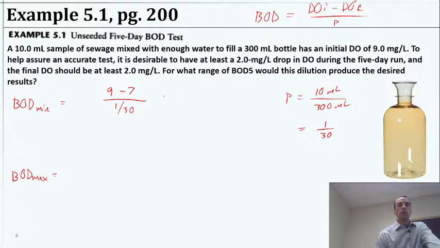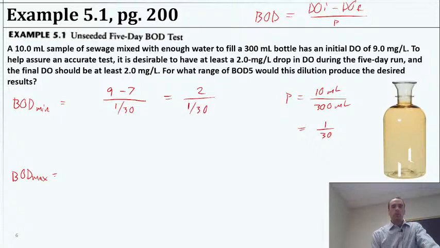Or we could also write it as the minimum drop acceptable is our minimum BOD value, recognizing that that's 9 minus 7.